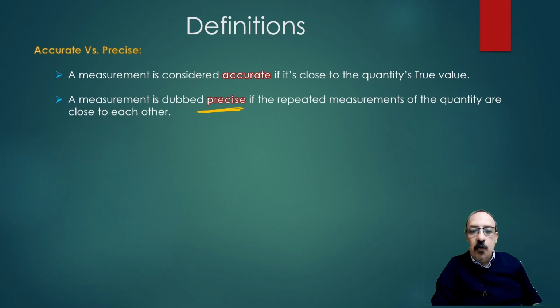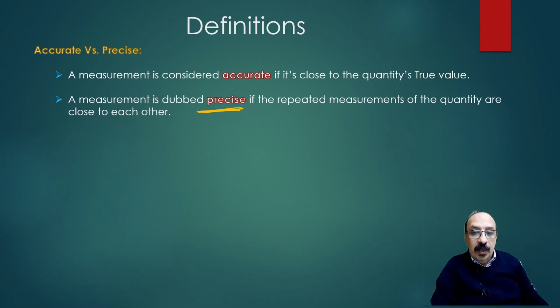Okay, I can take one measurement. I did my experiment. I calculated the acceleration due to gravity to be a value. I will be accurate if I am close enough to the true value of 9.81. I will not be accurate if I am very far away from the true value.